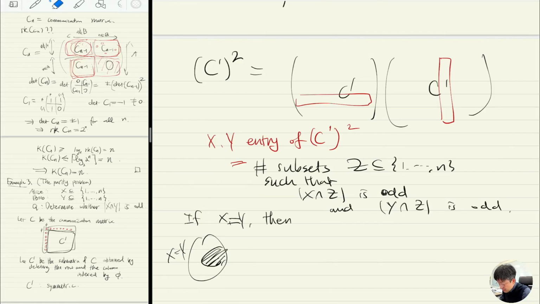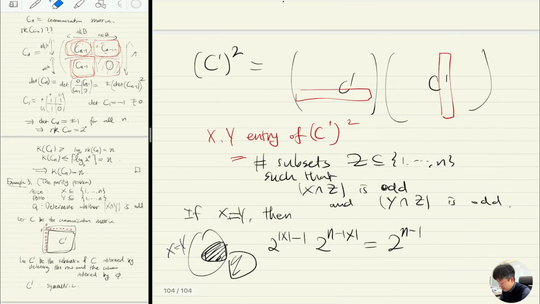Well, I have to choose odd size inside X, so half of them will have odd size, and then outside of X I choose any subset, so 2 to the n minus |X|. So it's 2 to the n minus 1.